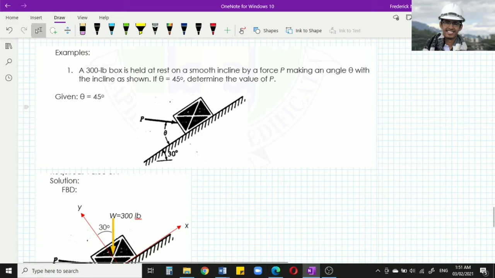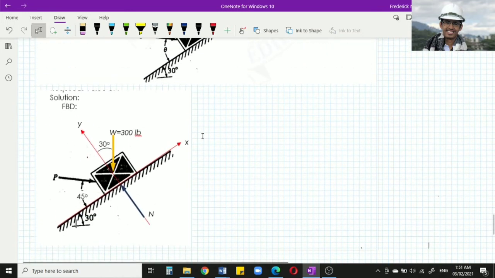So, first is gagawin natin yung free body diagram niya para ma-solve natin, makita natin yung mga force na nag-act dun sa ating box and dun sa ating incline. So, yung magiging free body diagram natin, magiging ganito siya. Okay? So, yung weight ng ating box is 300 pounds. So, yung weight, ibig sabihin, downward, always downward yung ating direction ng ating force kapag weight ang ating pinag-uusapan. Okay?